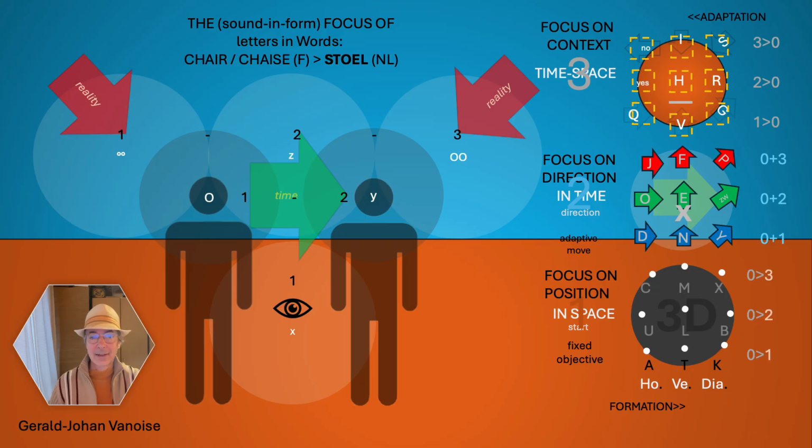uses also the S and the T. I had a little bit of a problem with that S sound, like how shall I do that? How shall I realize what it's really about?